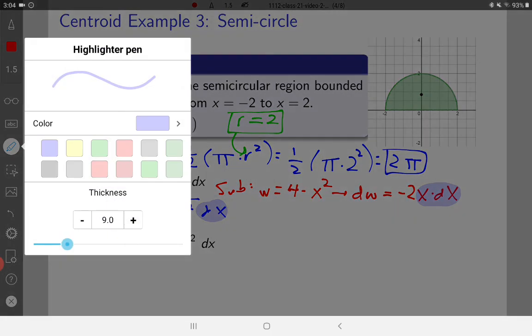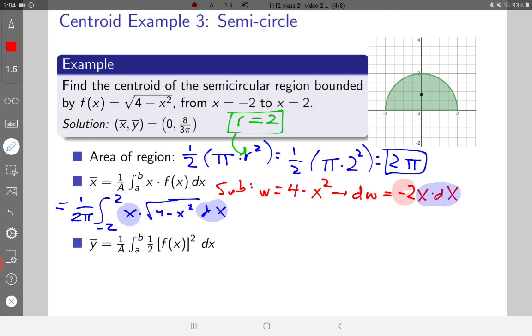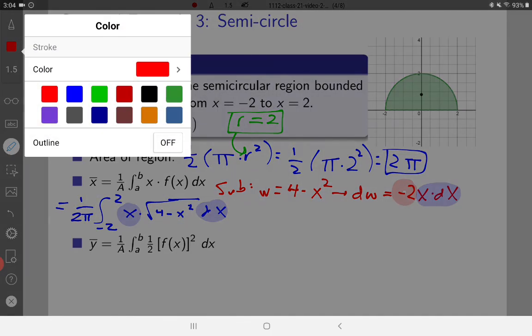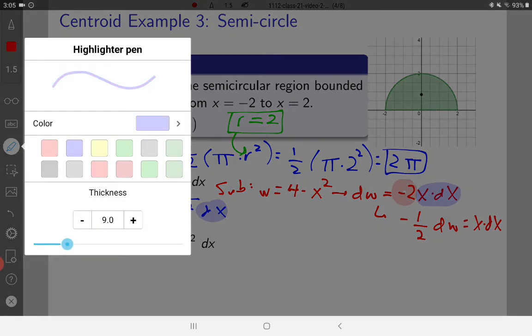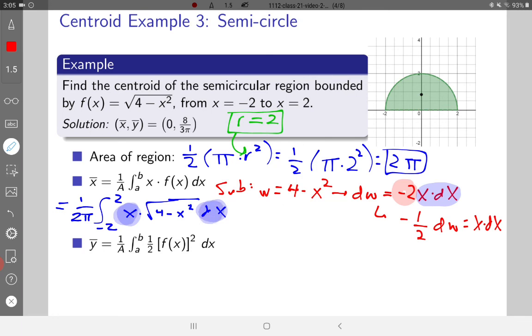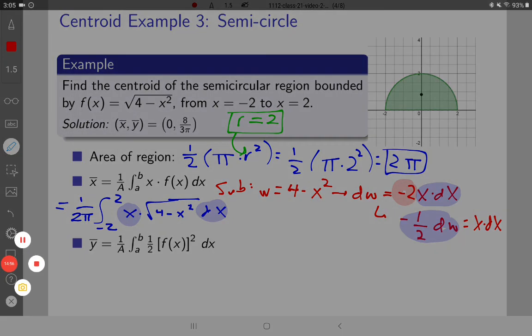The only thing that I have to account for is that multiple of -2. So let me write this substitution derivative in a slightly different way. It says -1/2 of dw. That's exactly that x times dx that I'm going to account for. So where I see that x dx in the original integral over here, I'm going to replace that with -1/2 of dw.